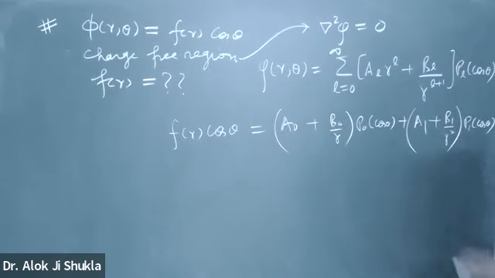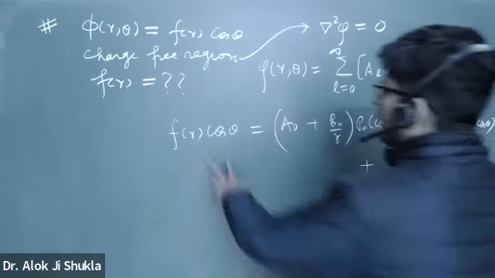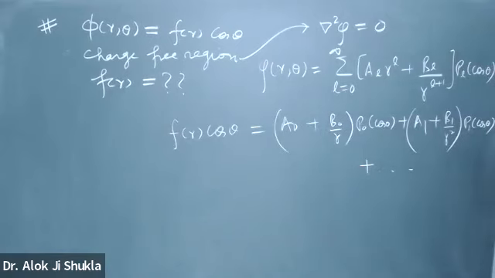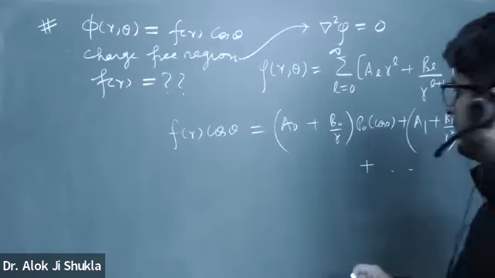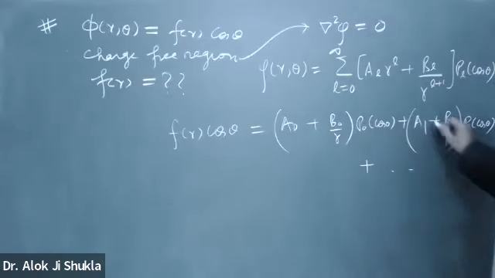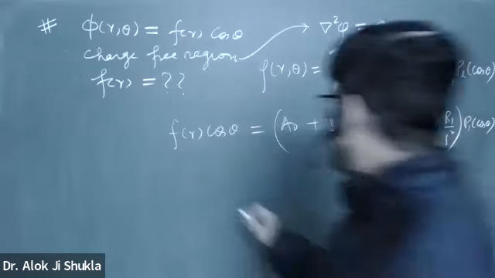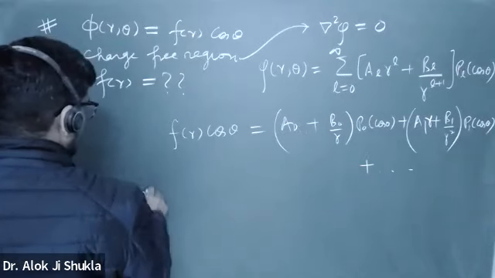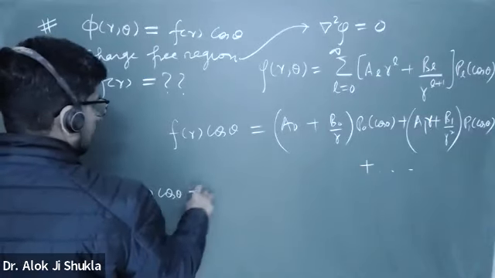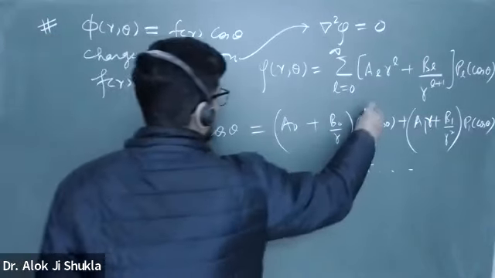And because here you have only cos theta, I am not going beyond P1 because P1 के बाद cos square theta आ जाता है, right? और उसके आगे cos cube. Sir, A1R, right? R आएगा. A1R, correct.